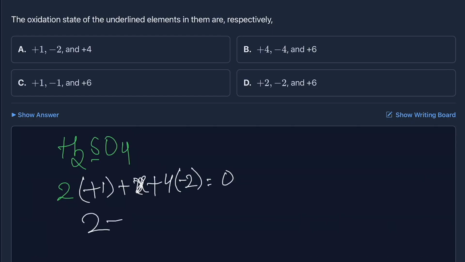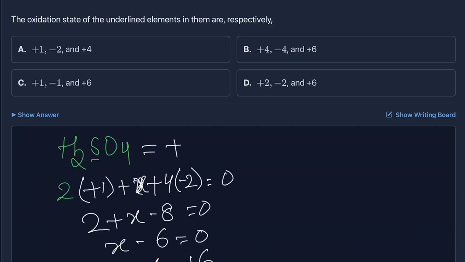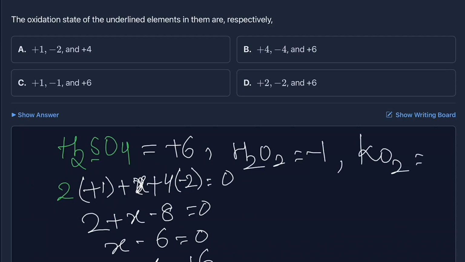So 2 plus x minus 8 equals 0, so x minus 6 equals 0, and x equals +6. The H2SO4 oxidation state is +6, H2O2 is -1, and KO2 is +1.